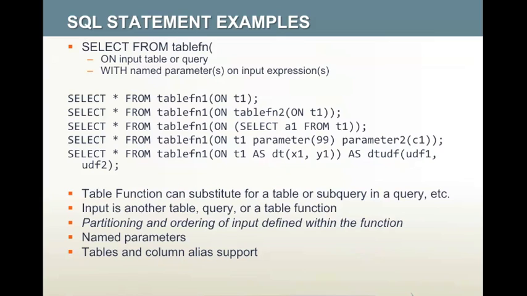In the third example, the inner query returns the column A1 in T1, and that column A1 is an input to table function 1 in the outer query. The fourth example shows how you can use named parameters with table functions. And the fifth example shows how you can use aliasing with table functions in PADB.